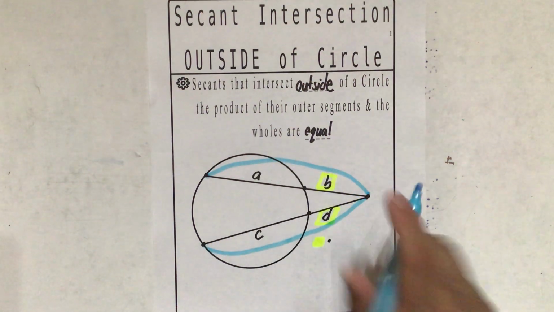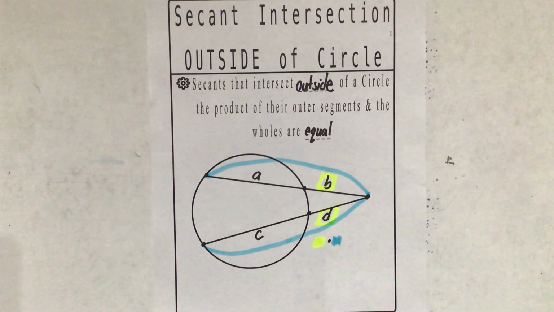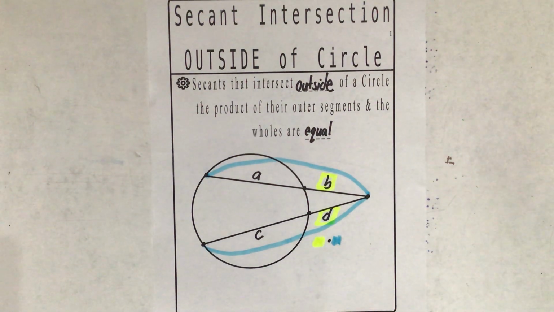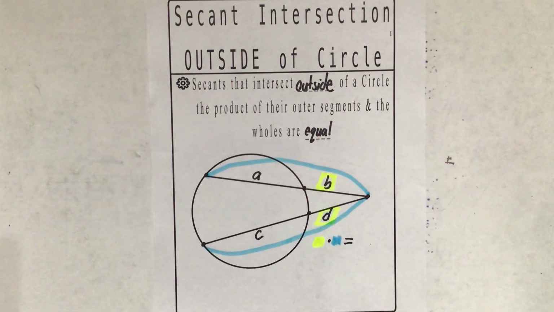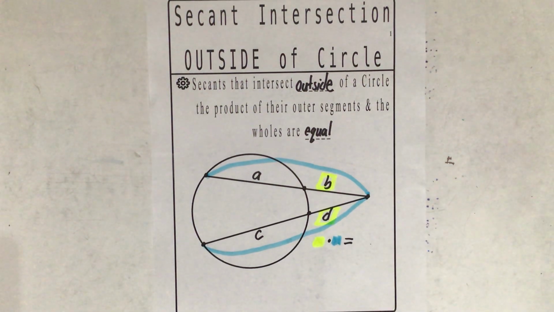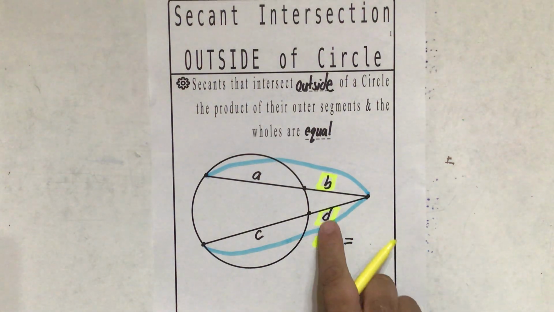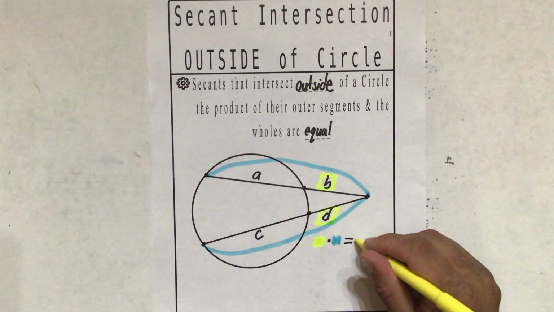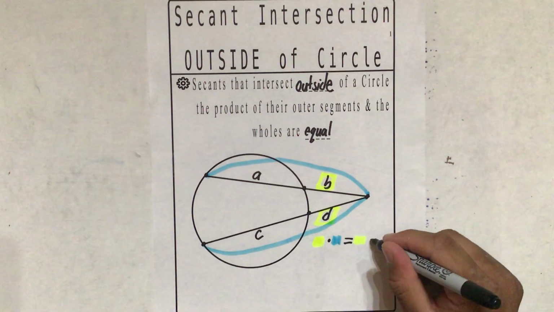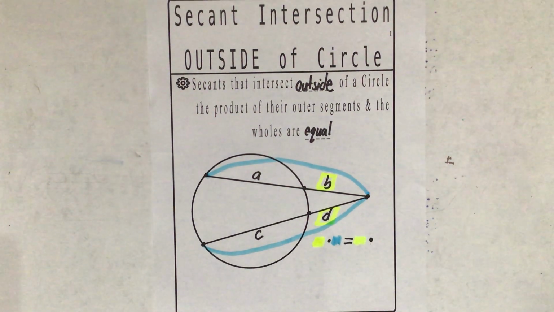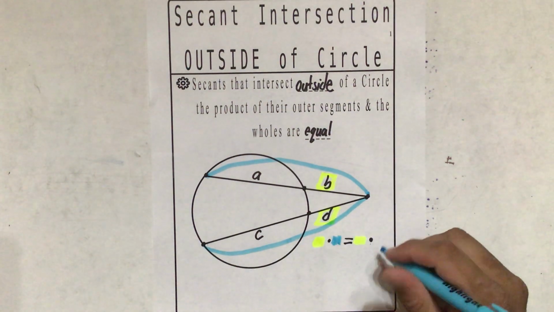Yellow times the whole thing, which is blue, is equal to the same thing on the bottom one. The outside, which is yellow, times the whole thing, which is blue.